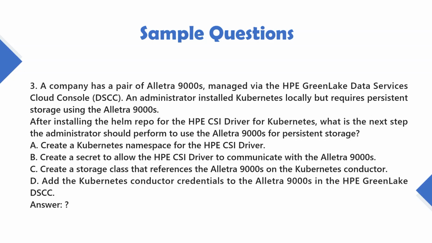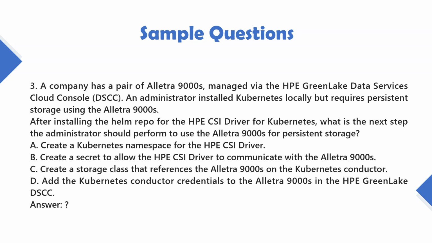3. A company has a pair of Alletra 9000s, managed via the HPE GreenLake Data Services Cloud Console, DSCC. An administrator installed Kubernetes locally but requires persistent storage using the Alletra 9000s. After installing the Helm repo for the HPE CSI driver for Kubernetes, what is the next step the administrator should perform to use the Alletra 9000s for persistent storage?